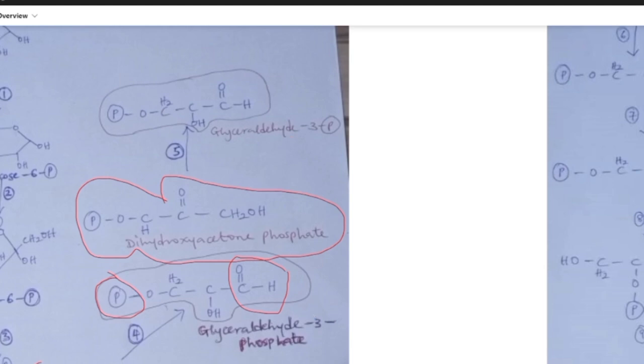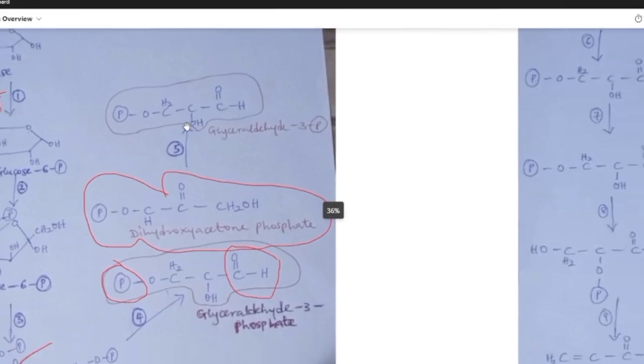So step 4 produces 1 molecule of glyceraldehyde 3-phosphate and 1 of dihydroxyacetone phosphate, and the dihydroxyacetone phosphate ends up being converted to another molecule of glyceraldehyde 3-phosphate.